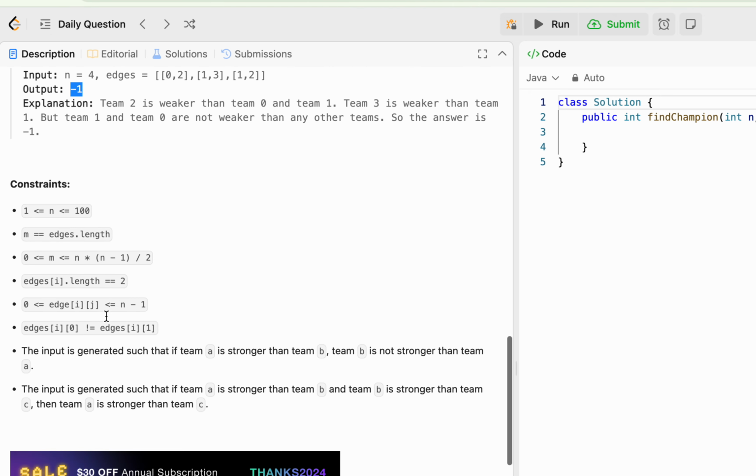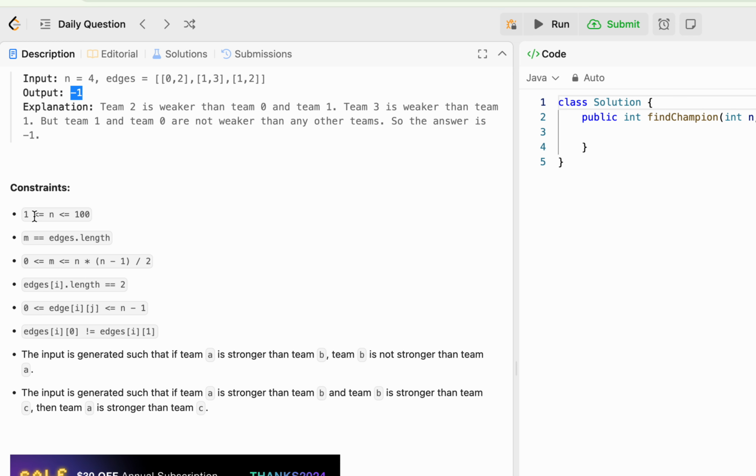Here it is saying n can be between 1 and 100, and m is the edges length. And m is less than n into n minus 1 by 2, so the number of edges in the edges array is limited accordingly.